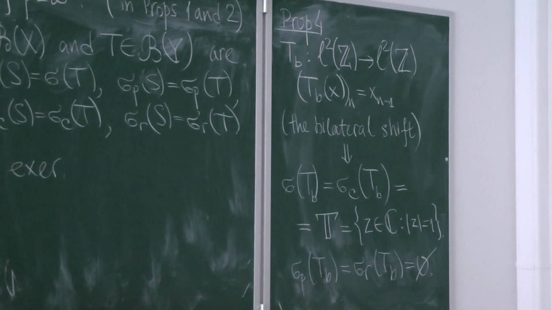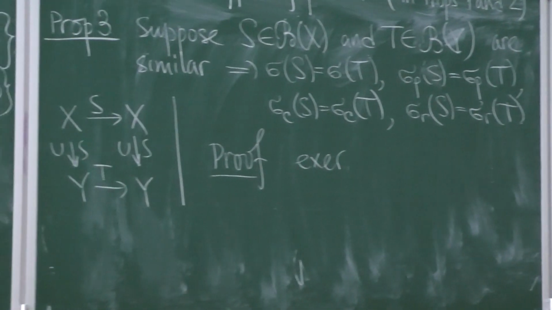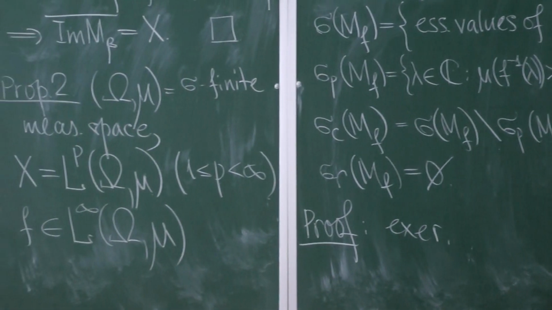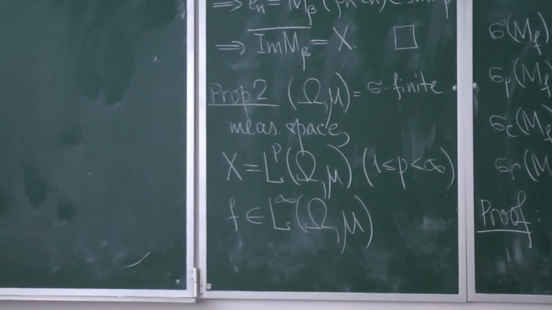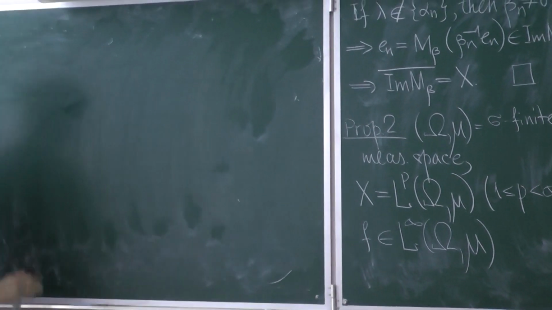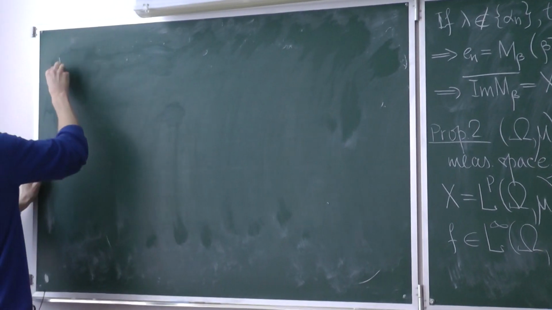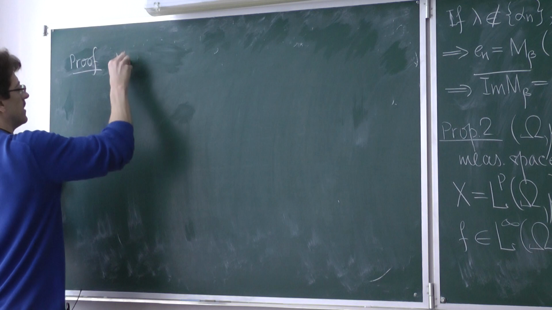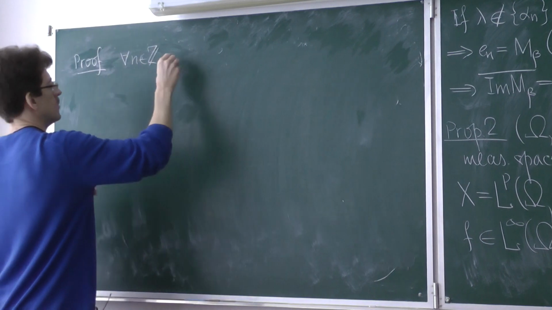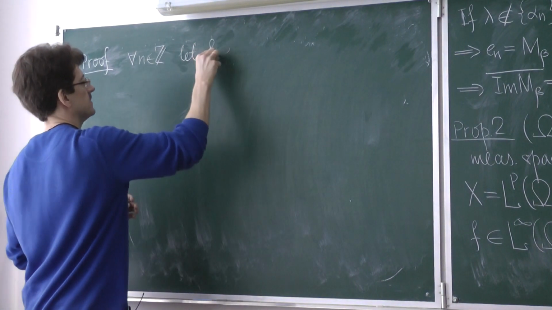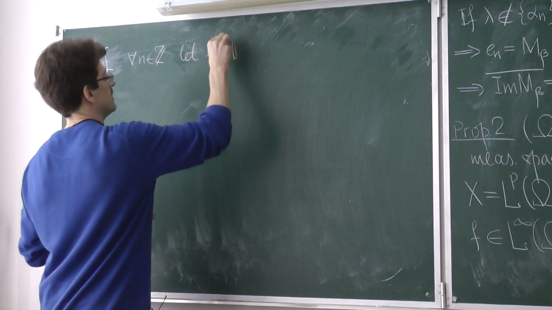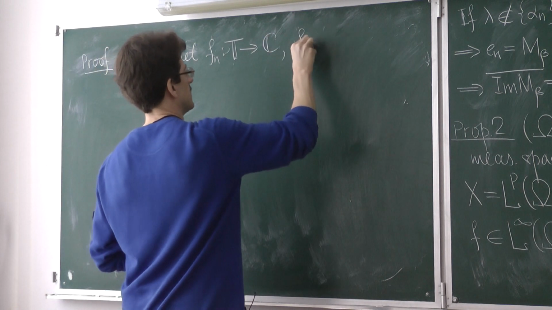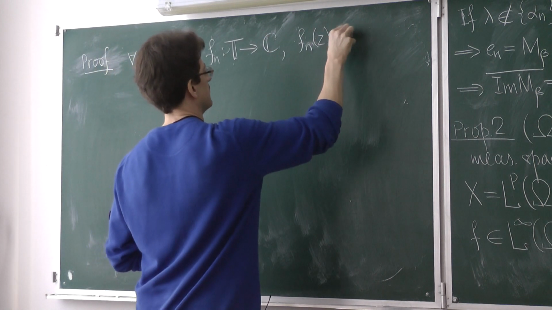There are several ways of proving this result, but perhaps the easiest approach is to apply proposition 3. So for each integer n, we let f_n be the function on the circle T given by the following formula.